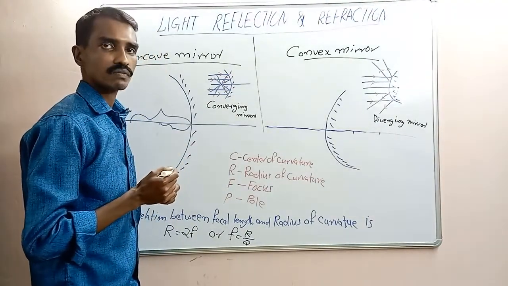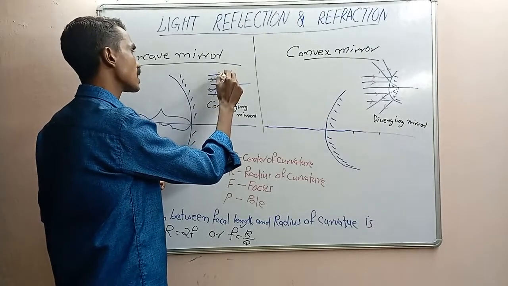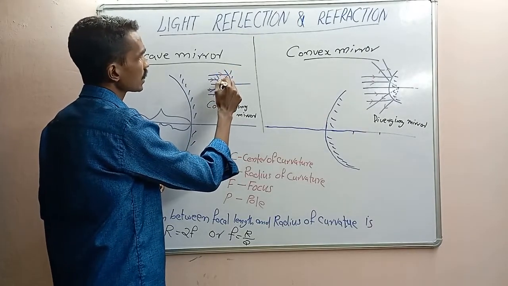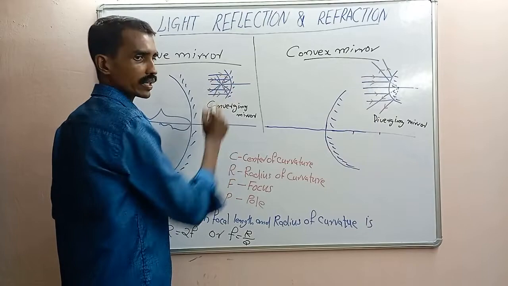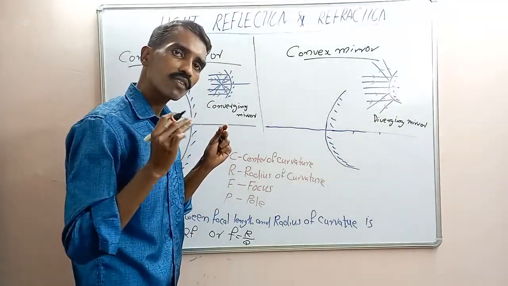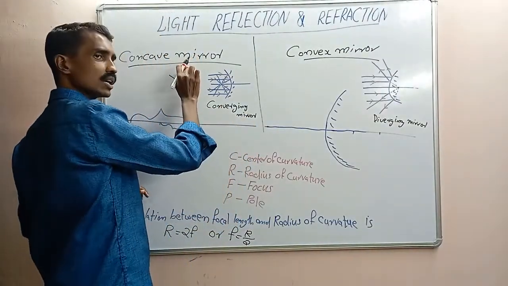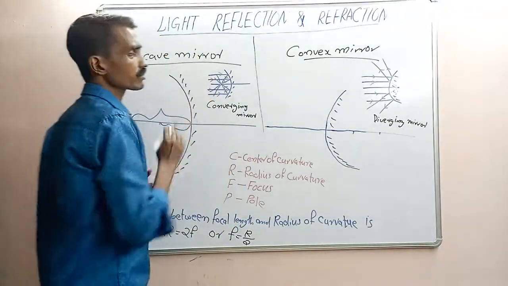We will discuss it later. All the rays are converged, so the mirror is called a converging mirror.